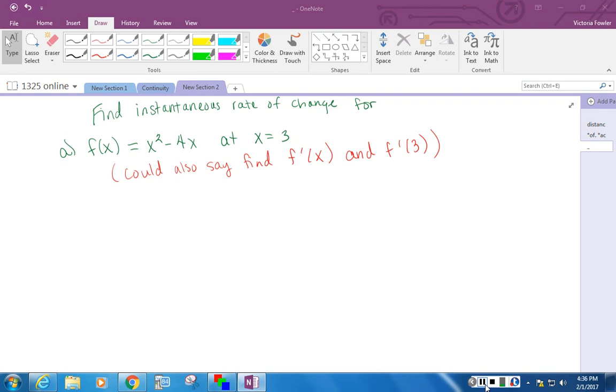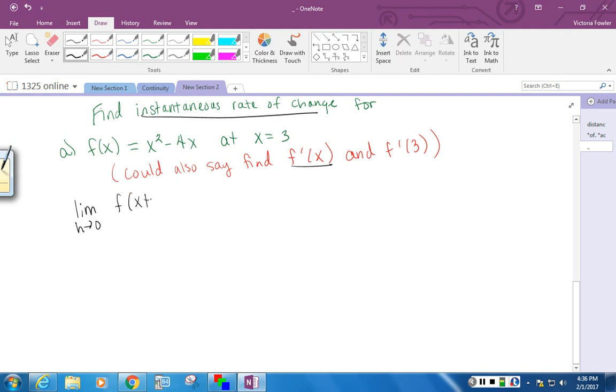Okay, so what I'm first going to suggest is that you write down the definition. As soon as I see the words instantaneous rate of change, or I see f prime, I'm going to say, well, what comes to mind is the limit as h approaches 0 of f of x plus h minus f of x all over h. Okay, so good.